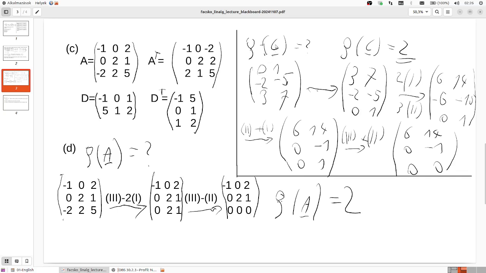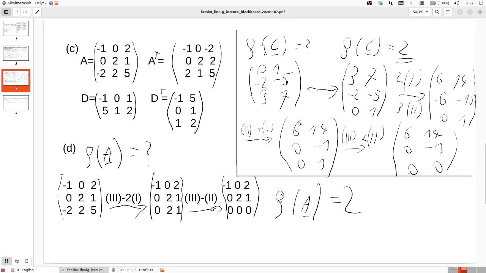For C, I try to do the same. First, let's see. The problem is that this is 0, so I have to change the first row and the third row, because otherwise it will not work. So now I multiply the first row with 2 and the second with 3. The reason is being lazy, because it's much easier to calculate with 6 than with fractions.